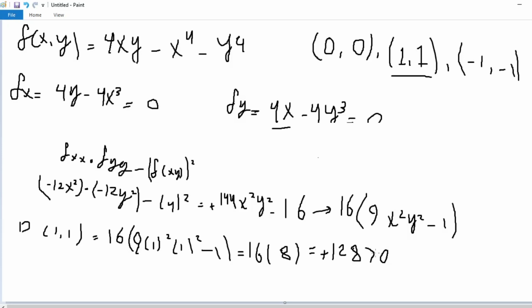From here, we need to determine if it's a local minimum or a local maximum. We need to look at f_xx. The f double x is negative 12x squared, right? And the critical point for x is 1, so let's substitute 1 here.